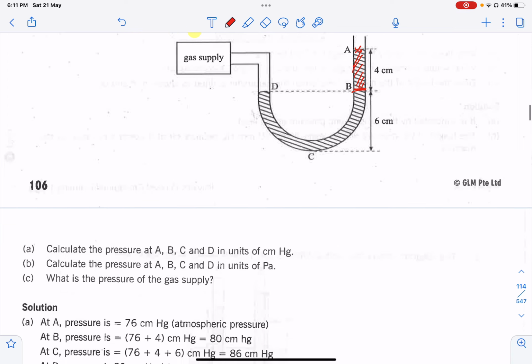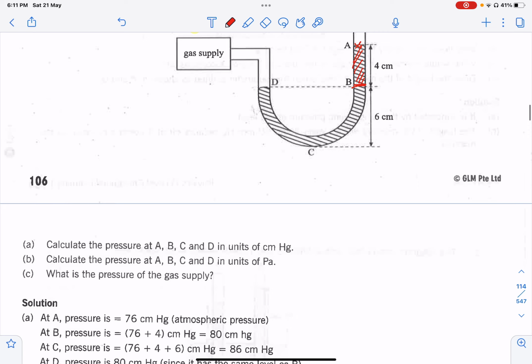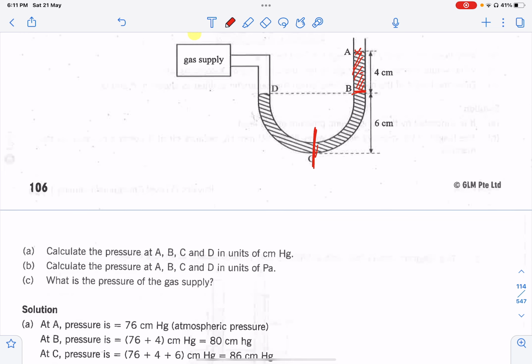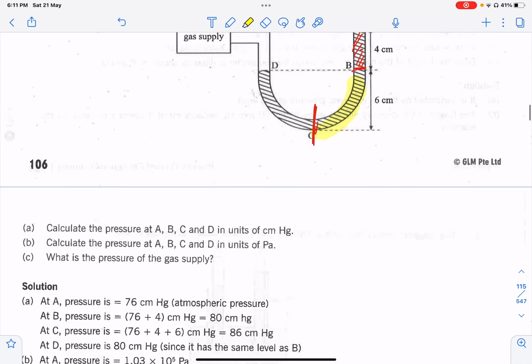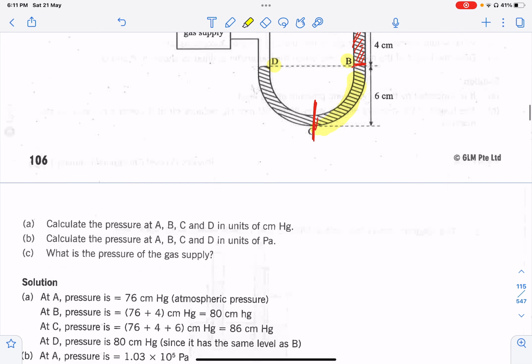Then at C, over here, you have both the pressure here, the one in yellow, as well as the atmospheric pressure. That's why I just add it up. And finally at D, D would have the same pressure as B, because they are at the same level and the same height.